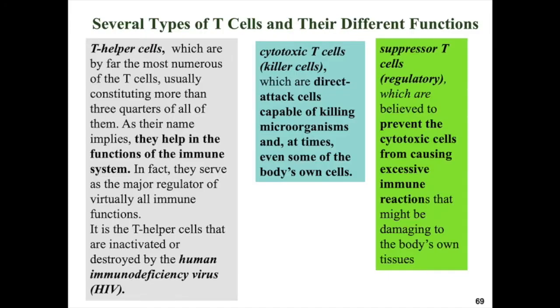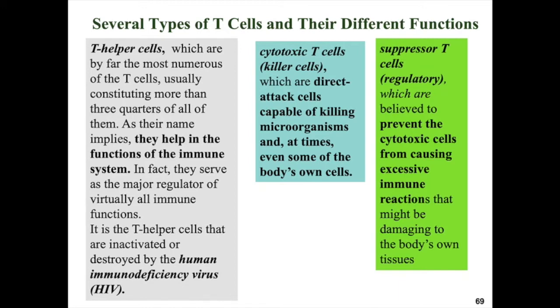There are many types of T cells, but creating a summary like this is very oversimplified. But let's try it and see if we can keep this idea. So T helpers, we can allow the name of the cells to give us a little bit of the function of those cells.